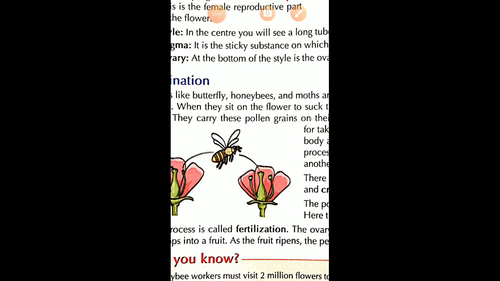I have already explained this. The color of the flower is very bright because it attracts the insects, and due to these agents the process of pollination is possible.